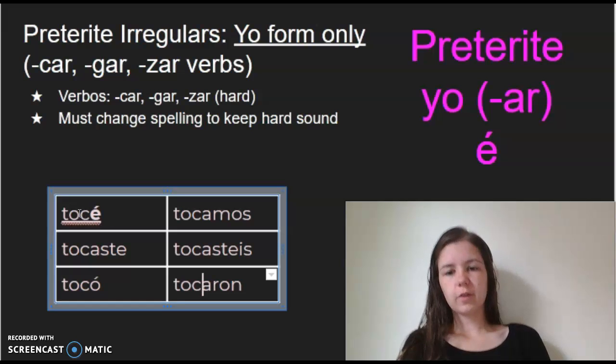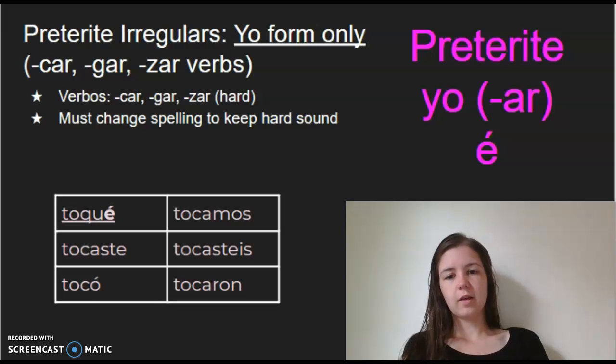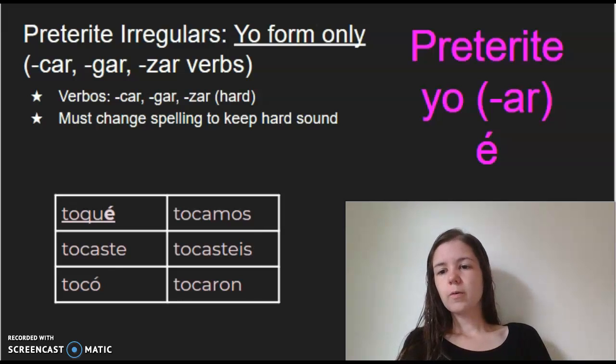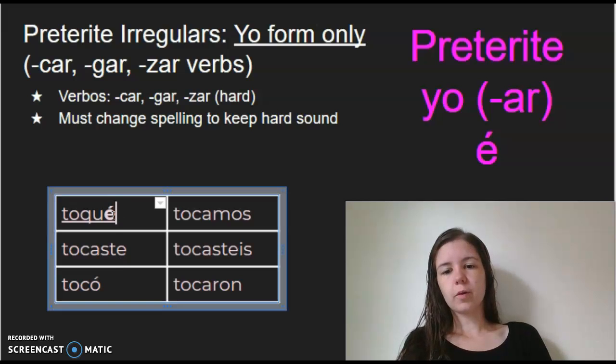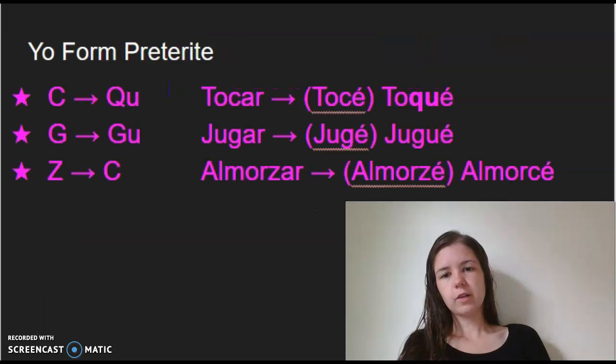Currently, since there's an E here, this sounds more like tose instead of the toke with a K sound from tocar. I'm going to have to change the C, and it's going to change into a QU because I want to keep it with a K sound. So here, now I can say toqué, tocaste, tocó, tocamos, tocasteis, tocaron with that K sound everywhere. So once again, this only happens in the yo form because I now have an E. I's and E's make different sounds.